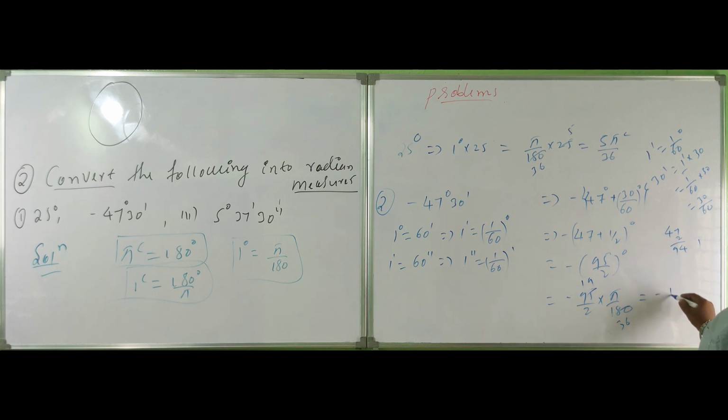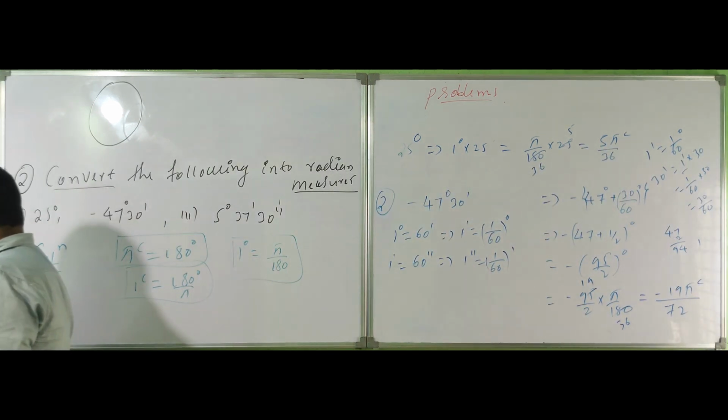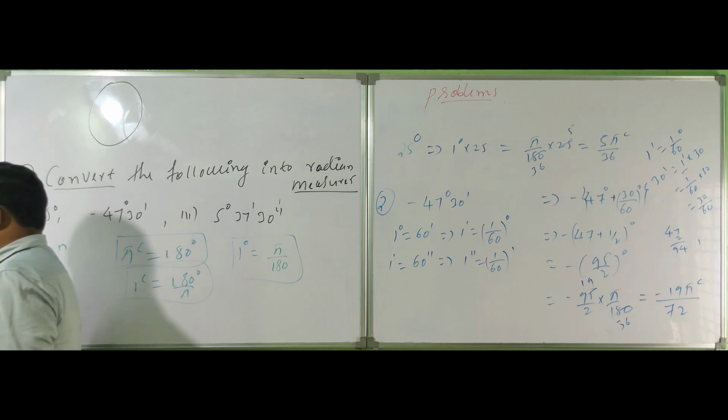This becomes minus 19 pi divided by 36 into 2, which is 72. The answer is minus 19 pi by 72 radians.